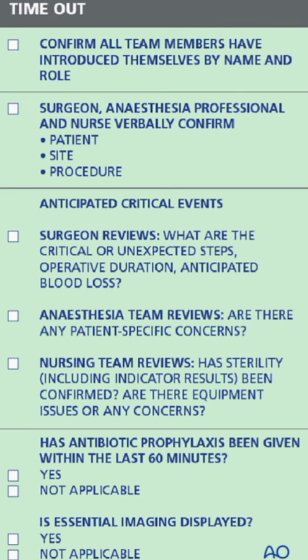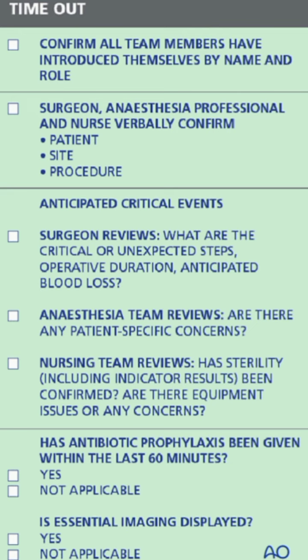The next element is the timeout process. Here, the team members will introduce themselves. They will introduce their name and role, their different functions. The surgeon, anesthesia professional, and nurse will verbally confirm the patient, site of operation, and the procedure. Then any kind of critical events or surgical happenings that may occur during the time of surgery, like blood loss or any kind of risk factor, the team members will discuss all these events.